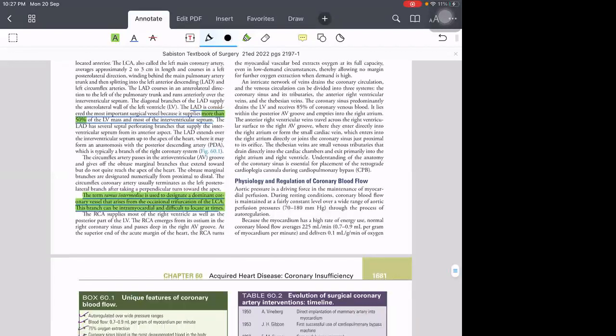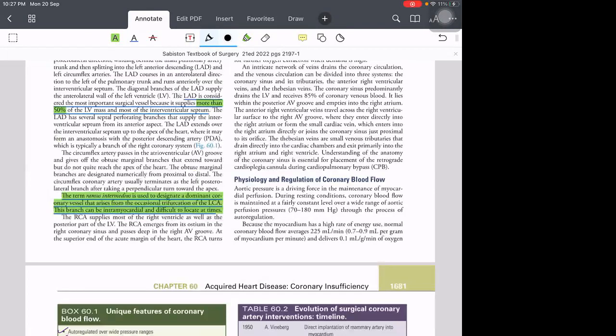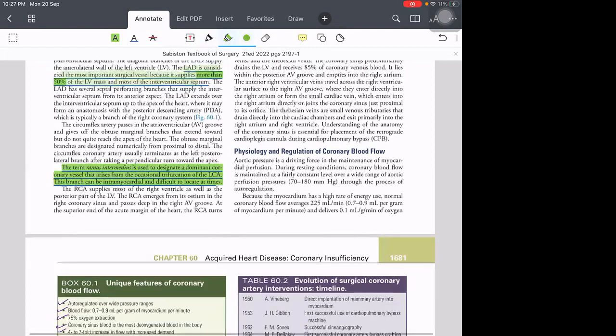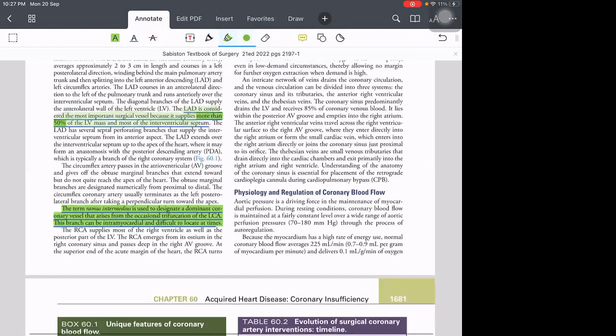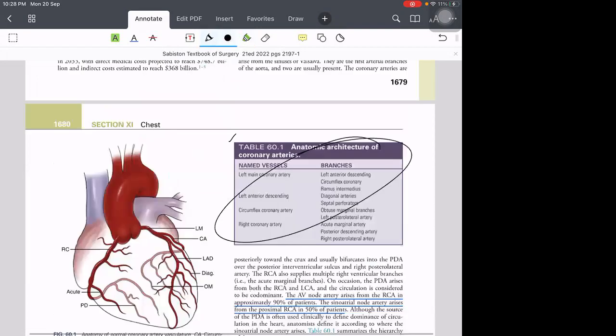So LAD is considered the most important surgical vessel because it supplies more than 50% of the LV mass and most of the interventricular septum. Now the ramus intermedius is a branch of the left main coronary artery.